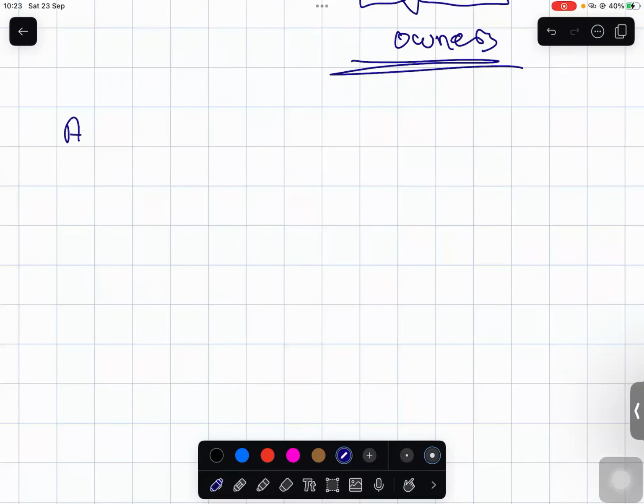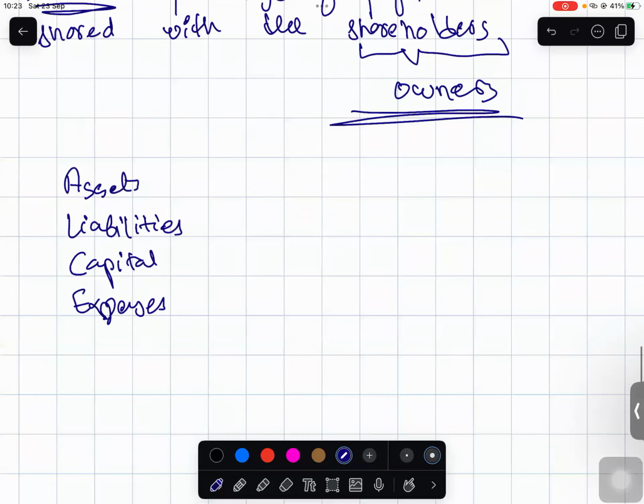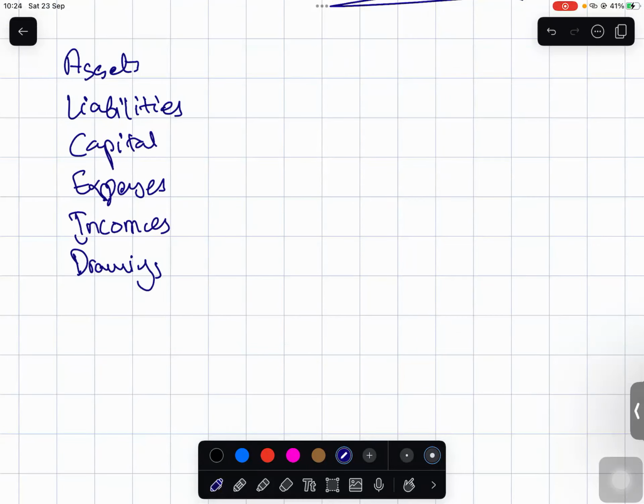So we've just read: assets, liabilities, capital, expenses, incomes, and let's just call them drawings for now, only because we're going to focus on sole traders. When we get to companies, we can think about dividends.